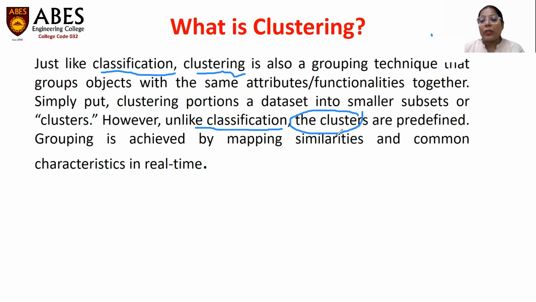In case of clustering, they group based on similarity. And based on similarity, the data are grouped into clusters. So the basic difference between them is that in classification, we have prior knowledge of classes, whereas in case of clustering, we don't have any prior knowledge. We categorize things based on similarity, based on similar features.